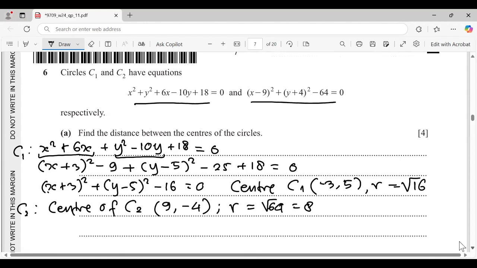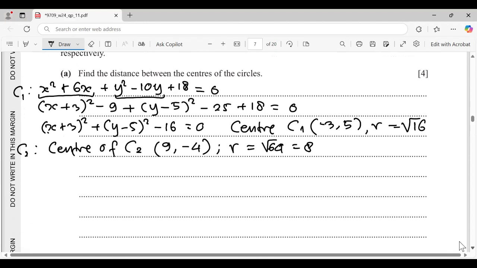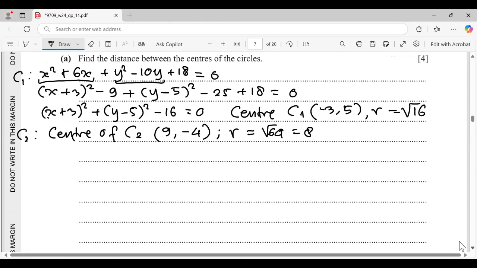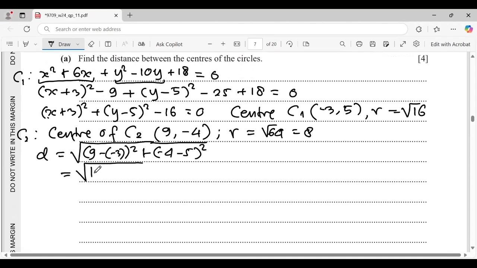Let's calculate the distance. So the square root of (9 minus minus 3) squared plus (minus 4 minus 5) squared becomes the square root of 12 squared plus minus 9 squared.